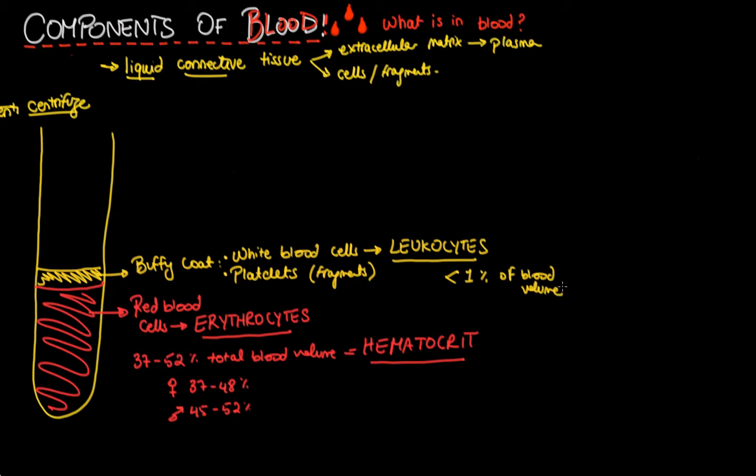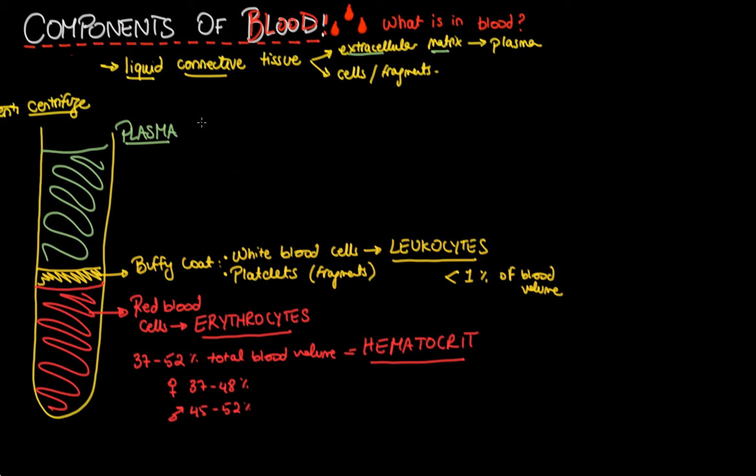Alrighty, and so this is going to leave us with the topmost layer. The topmost layer is what we call plasma. Plasma is technically the extracellular matrix.